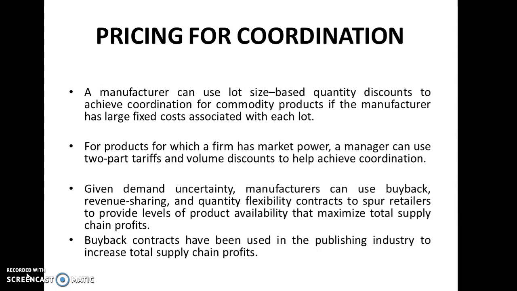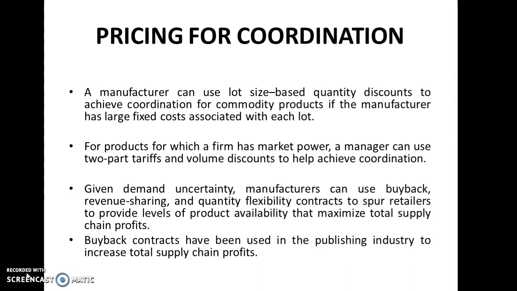What do you mean by two-part tariff? It will have a fixed cost for a certain number of units, and in addition to that it will have a variable cost, depending on the number of units or products, or based on the usage of a particular service.